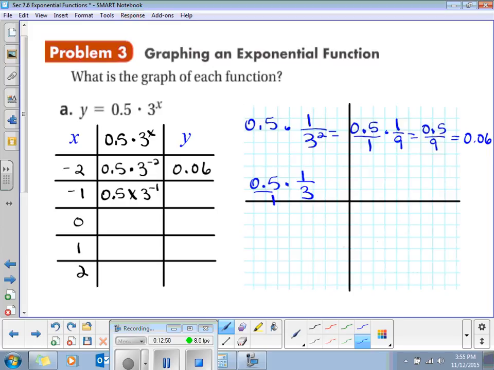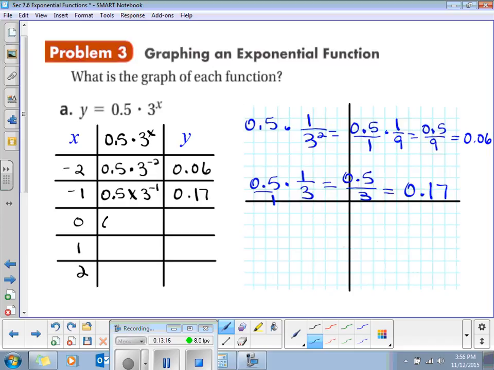Now you're just going to multiply straight across, because that's just fractions. So we have 0.5 over 3, which gives you what? Rounded, this is going to be 0.17. Is everybody clear with that?